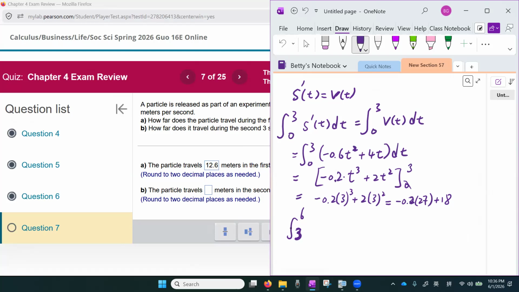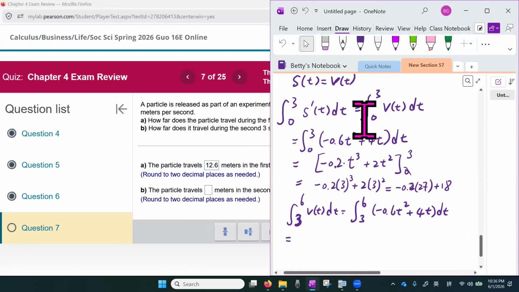And then we do the same thing. The integral of v of t dt from 3 to 6. Negative 0.6 t squared plus 4t dt.